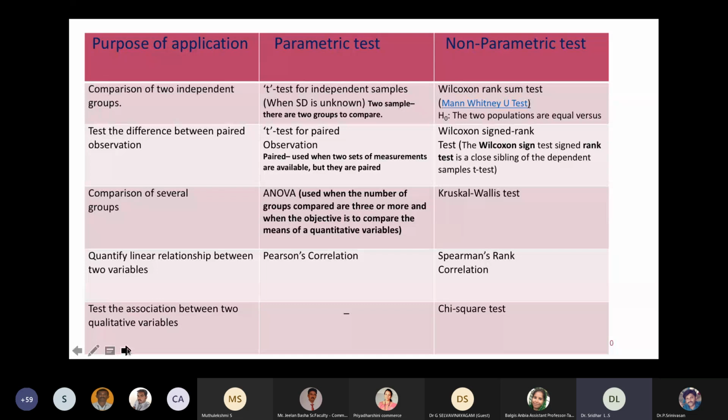For the comparison of several groups, ANOVA is used. Suppose we have groups like engineering teachers, science teachers, commerce teachers, and arts teachers. We want to see who has more stress level, or which combination. Their stress level can be seen through working hours, preparation hours, the class, and who is doing what.